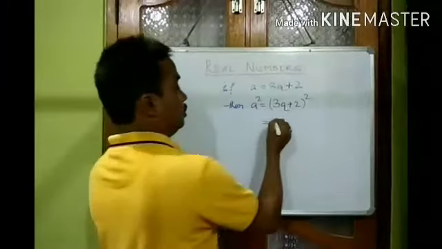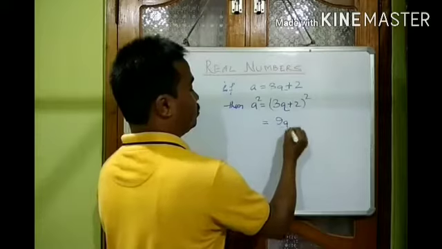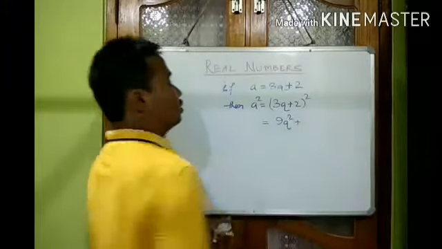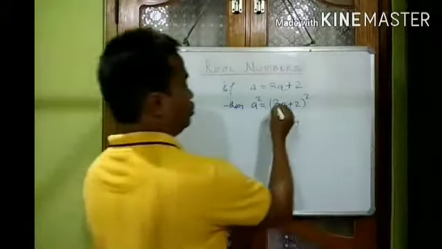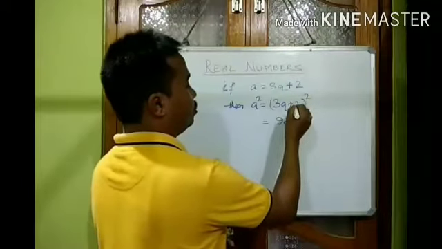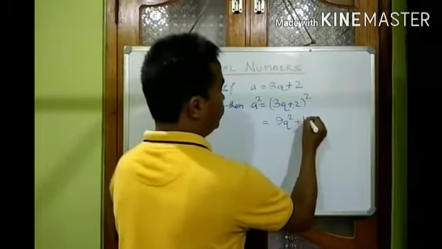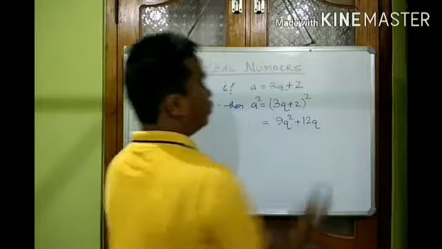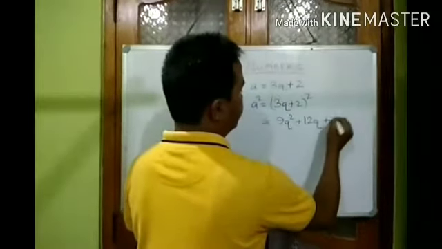Expanding, 9q square plus 2 into 3, 6 into 2, 12q plus 4.